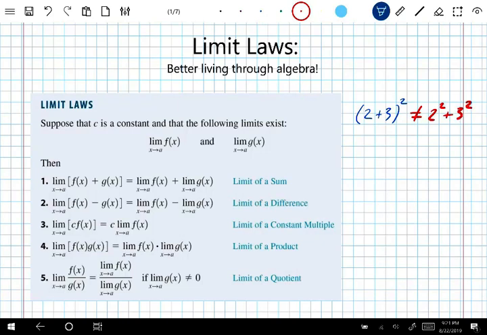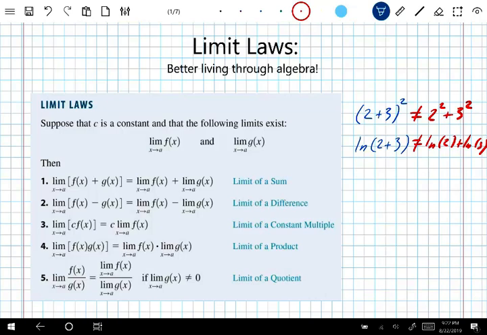We have to actually FOIL those out, right? Or in this case, it's going to be 5 squared. If I had the natural log of 2 plus 3, this is definitely not going to be equal to natural log of 2 plus natural log of 3.